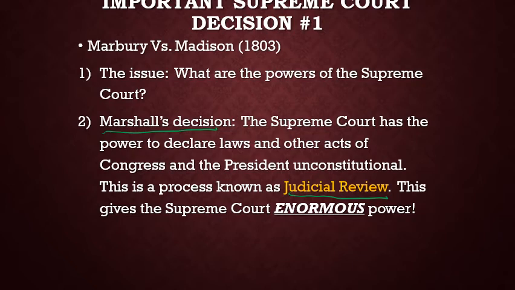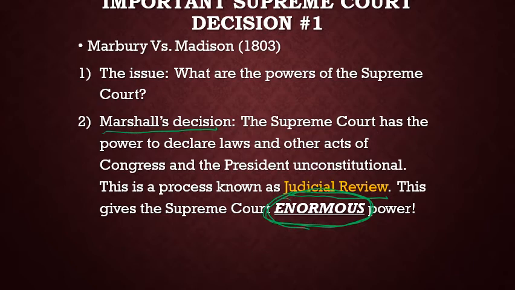The framers of the Constitution never intended the judicial branch to have as much power as the executive or legislative branches. However, Marshall's decision actually says that this gives the Supreme Court a huge, enormous amount of power, okay, equal to that of the other two.